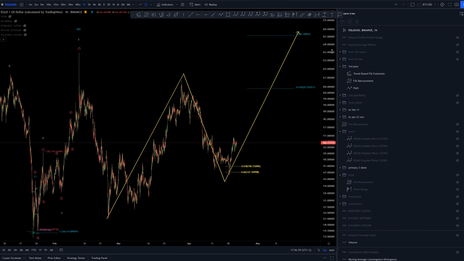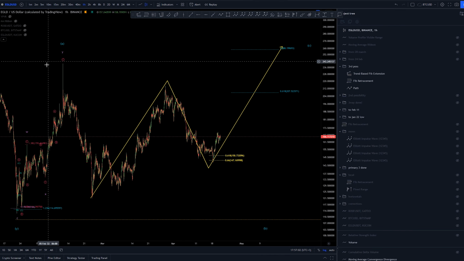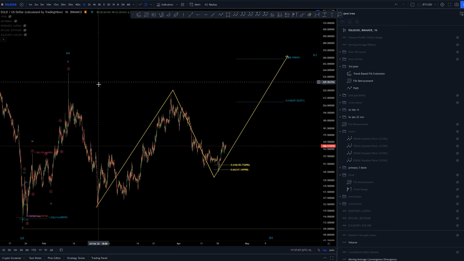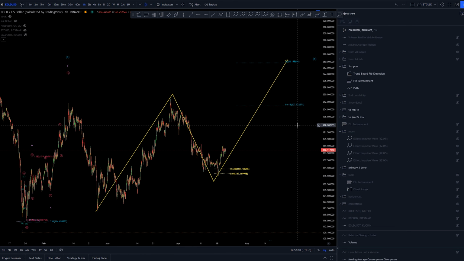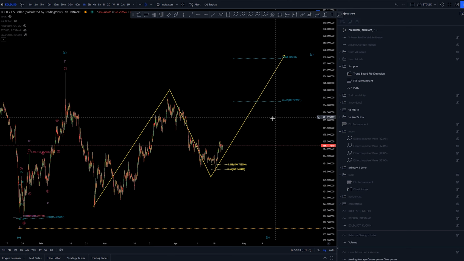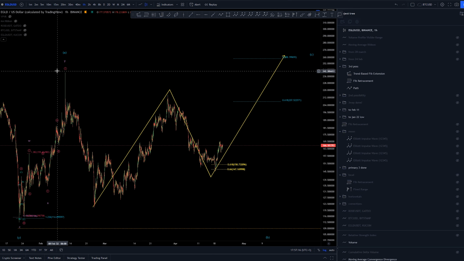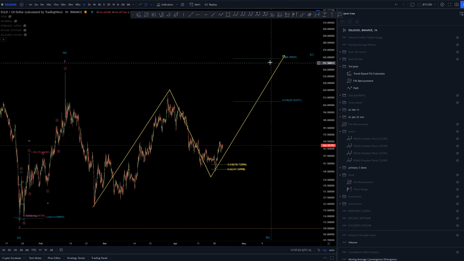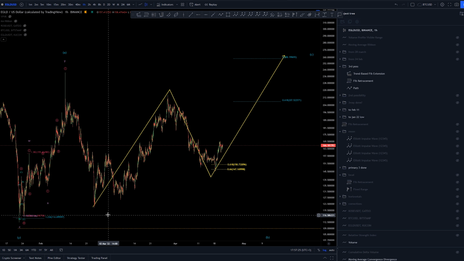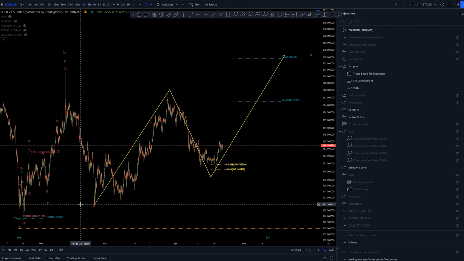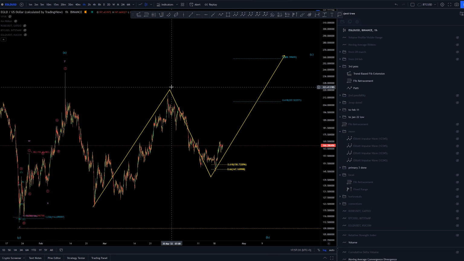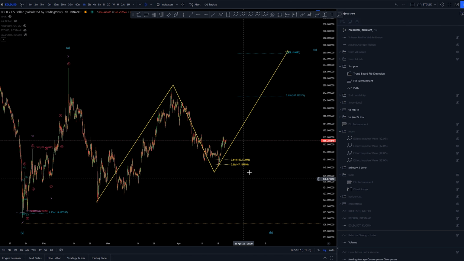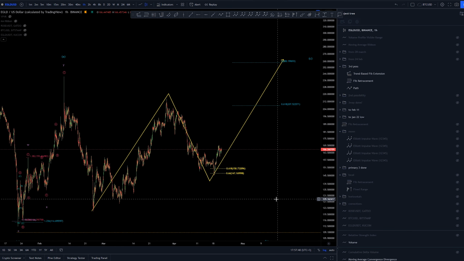Now the last one that I had on my mind is this one, where we are looking at this structure as something else. Again, this would need to be a 3-wave move, as this would be some kind of different structure. Now whether this is actually part of this first one, I'm not sure yet, but as it is currently looking like a possible zigzag pattern, again saying that this would be 1, 2, 3, 4, 5, and we're coming back to the 1.618 area, it would seem to me that it is more likely to be a zigzag than anything else.